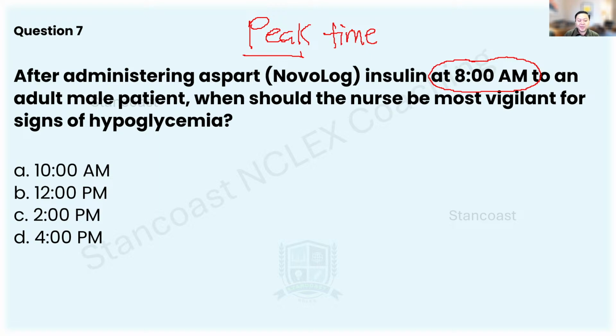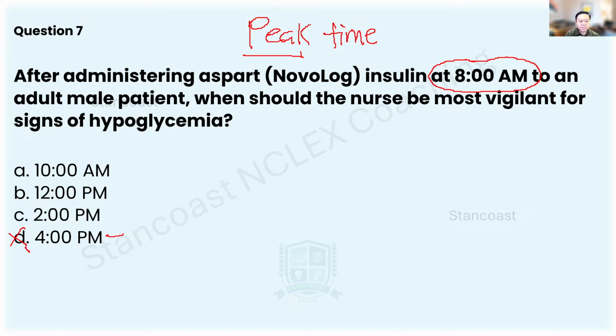If you had answered letter D, 4 p.m., this is incorrect. The medication around this time is no longer active, and so this is kind of late to observe the hypoglycemia already. This is way past the Novolog's peak time.